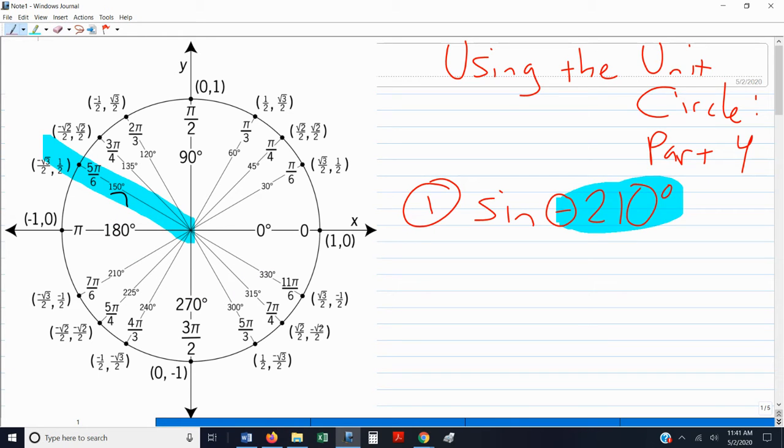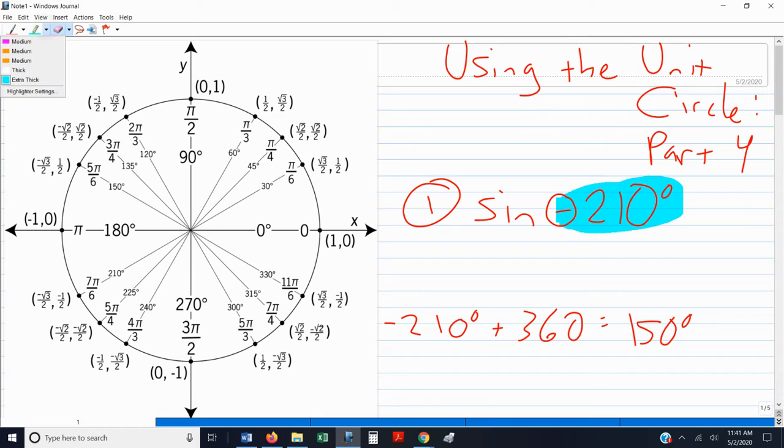If you don't like that, the other thing you can do is add 360 to find a positive coterminal angle, and that gives you 150. And if you're using that method, when you get 150, then all you're doing is looking for where 150 is on the unit circle. It's right here. So either way, hopefully you can find yourself at that branch.